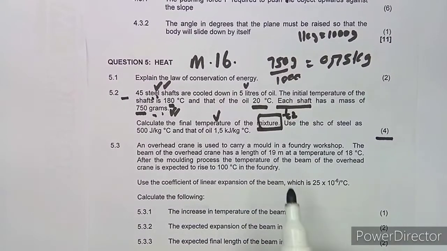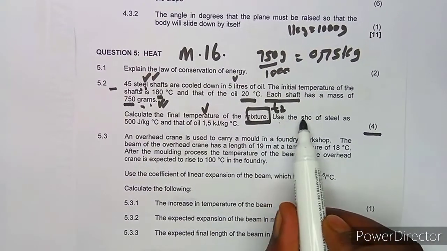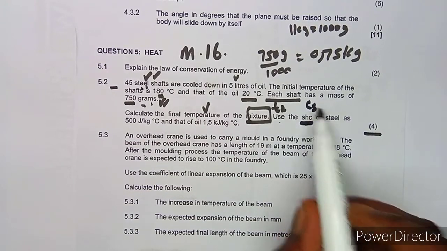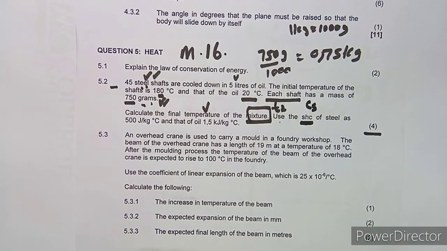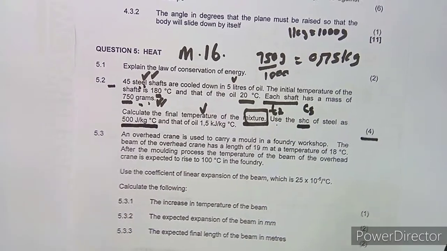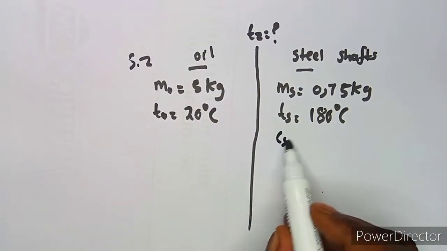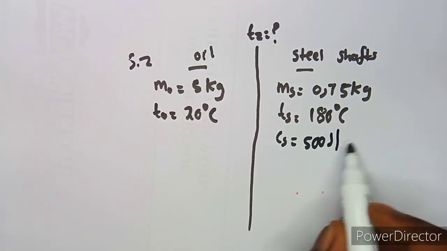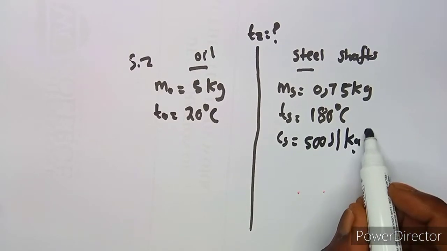What are we given? Use the specific heat capacity of steel as 500 joules per kg degrees Celsius. That is what we had in this question.